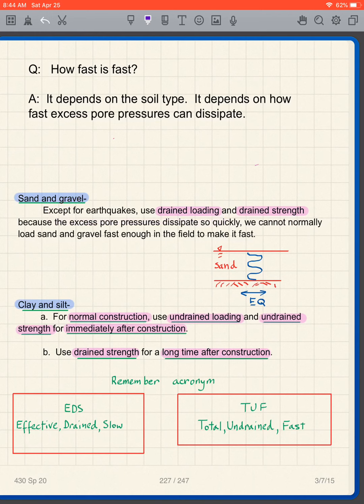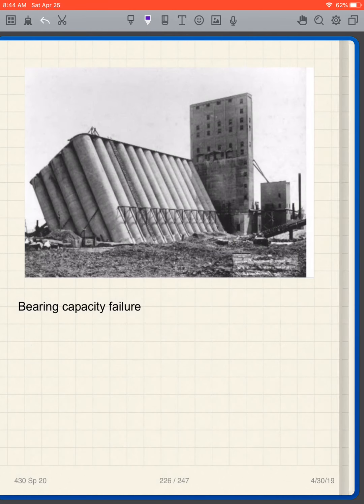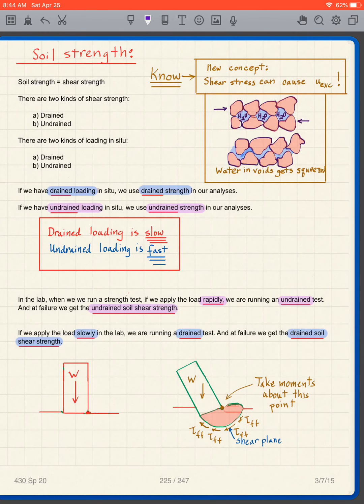Well, in general, if we're building a structure, we cannot normally load the sand and gravel fast enough in the field to make it undrained. In other words, like I said, it goes back to our picture here.